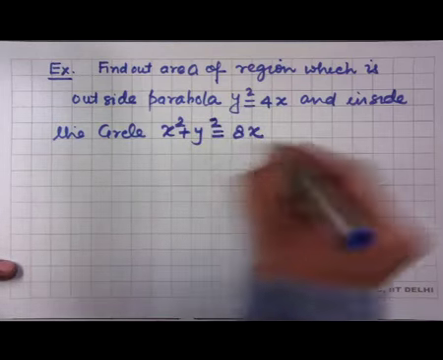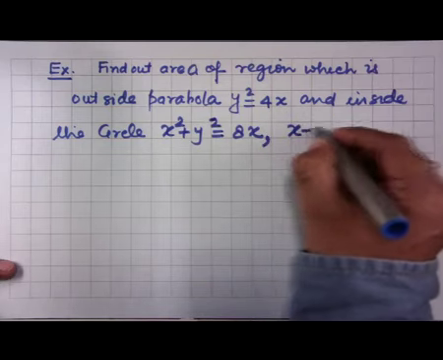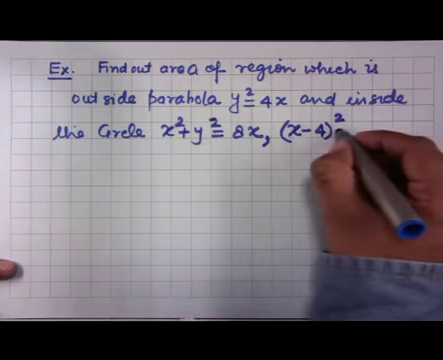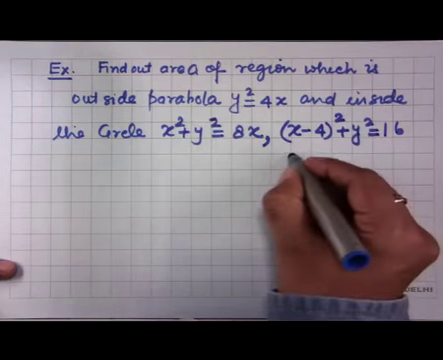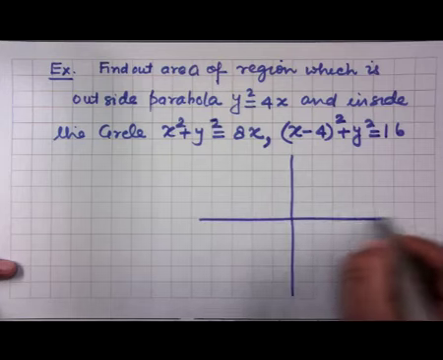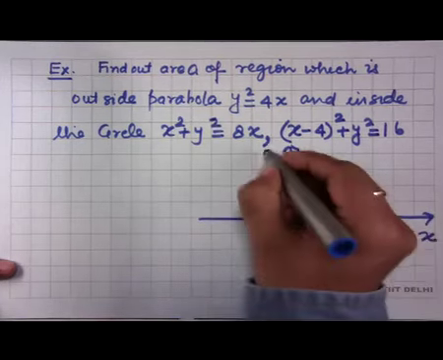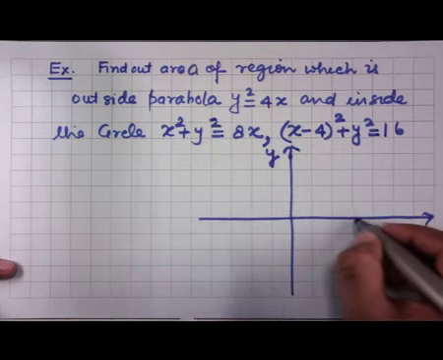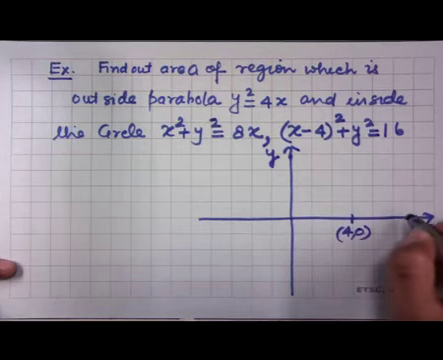So, the equation of the circle can be written as x minus 4 whole square plus y square equals 16. So, draw x and y axis. Remember one thing, that in solving all these problems you should be very good at plotting. So, this is a circle with center 4 comma 0 and radius 4.